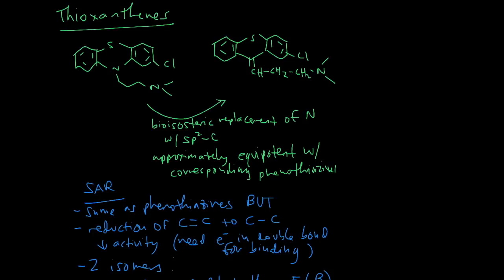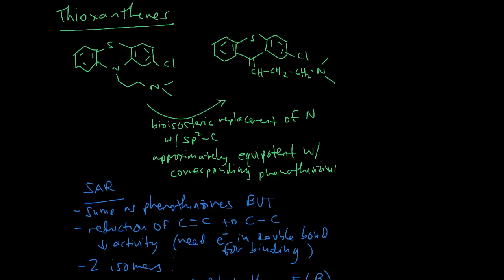So if he gives you any phenothiazine, to draw the corresponding thioxanthine, you have the same substitutions: chlorine over here, sulfur over here, same carbon length, and the same tertiary nitrogen, or whatever he gives you, secondary or primary. The only thing you're changing is replacing the nitrogen with a carbon, making a double bond.